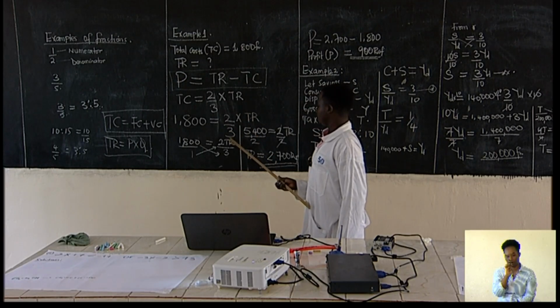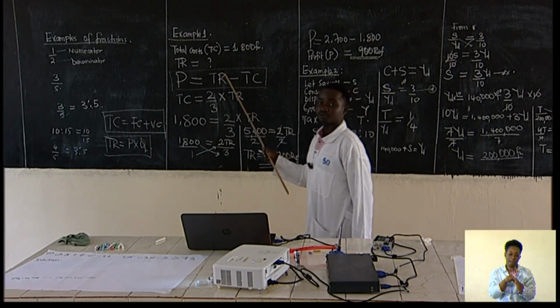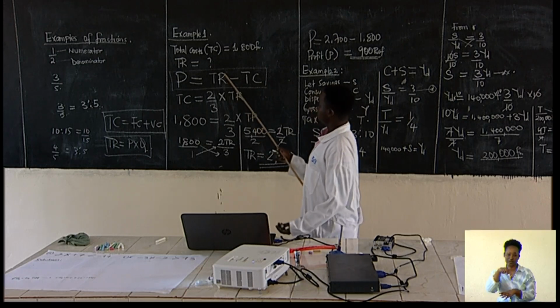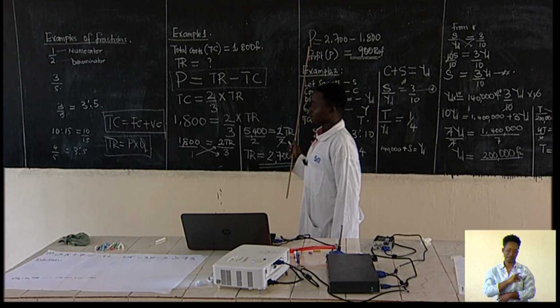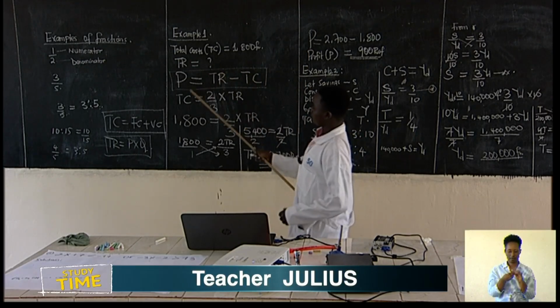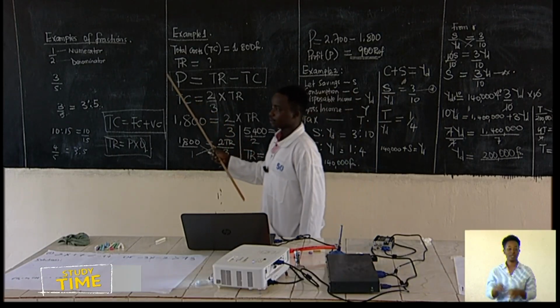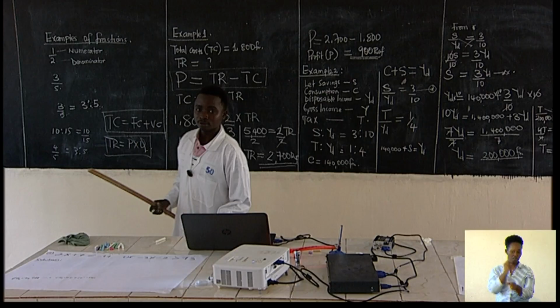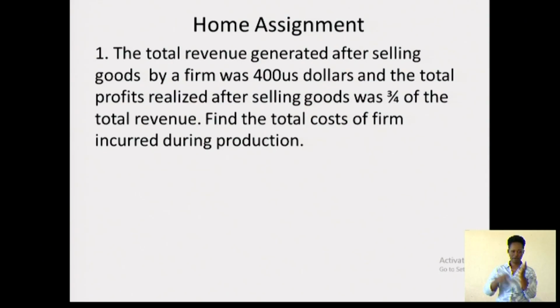After solving for our total revenue, we substituted back into this profit equation, and we were able to get the profit that they had asked us, because we had two variables already, so you can easily calculate the profit. So as you work on that, make sure you try it out and go through again what we have talked about, such that it becomes easy for you to work it out without difficulties.